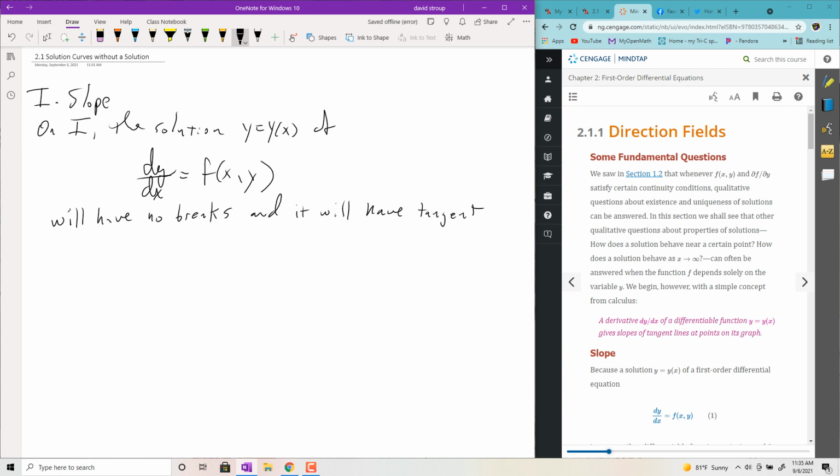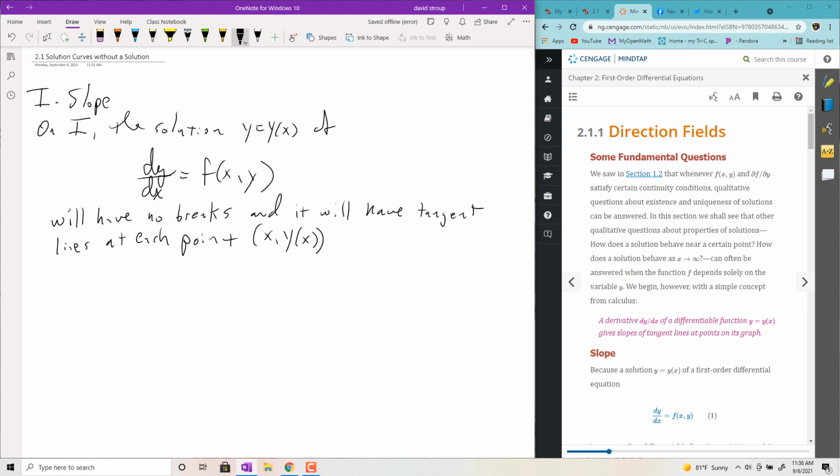So you can evaluate the tangent line to the curve at that particular point. And what we'll do is create what's called a direction field based off of all those little tangents. So it will have tangent lines at each point x, y of x.